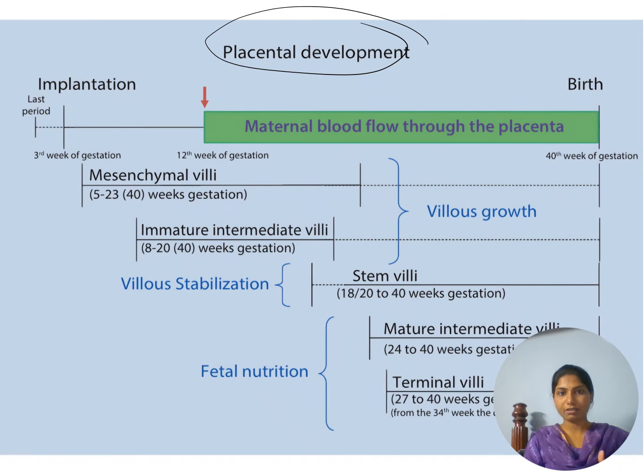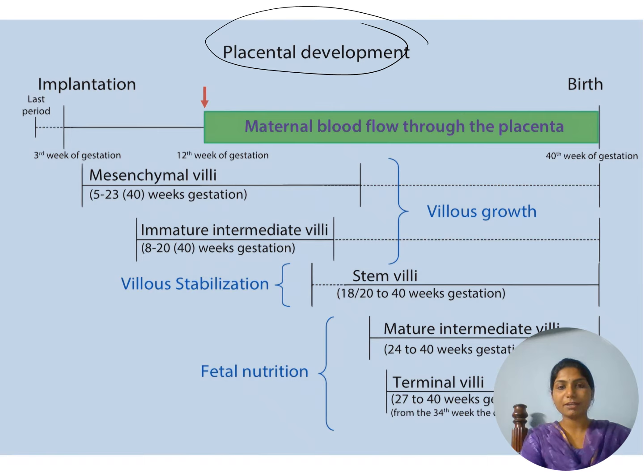So the tertiary villi are further differentiated into these different types of villi. What is happening in the placenta or in the villus structure is the question. What is happening in the mesenchymal villi? In my next picture I will show you. But just remember that the mesenchymal villi are usually prominent from the fifth week till the 23rd week.